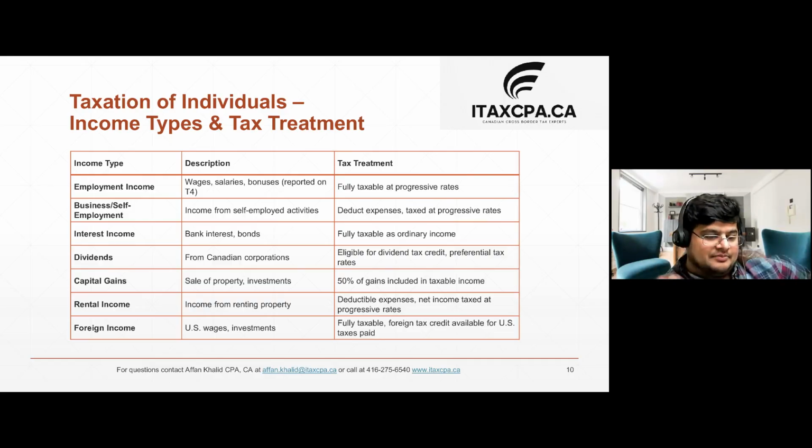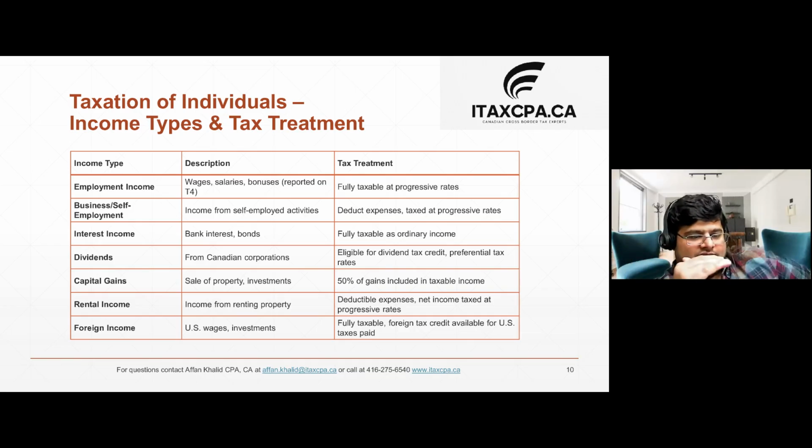So when those companies pay out dividends to the business owners, they don't get as much credit compared to large businesses, and large businesses are subject to tax at 26, 27%, even as high as 28% in some provinces. And so when a company that is paying a high tax rate is paying dividends to its investors, those investors will get a much higher dividend tax credit, let's say.